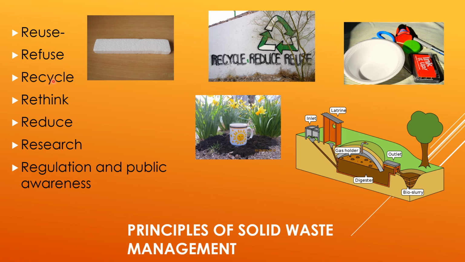Then rethink. Rethink our habits, activities and their consequences in connection with the use of various articles of daily use. We can develop a better attitude of conserving our natural resources by rethinking their uses. Then the next principle is reduce.